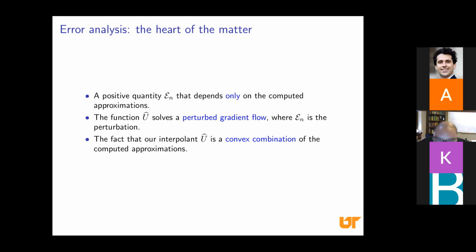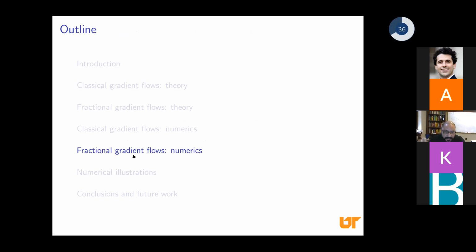So the same evolution variational inequality that the exact solution solves, but plus something else, some perturbation, where this perturbation is the estimator that you construct. And finally, to be able to get from the inequality with two functions to the one with one function, your interpolant needs to be a convex combination of the nodal values. So now let's see if we can do that in the fractional case.